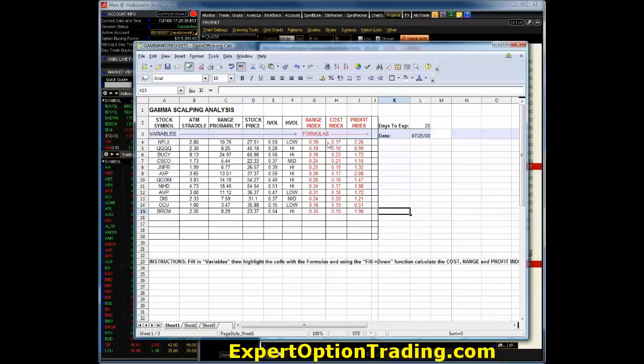The cost index, basically what we want to do is measure the cost of the at-the-money straddle to the price of the stock divided by its implied volatility.